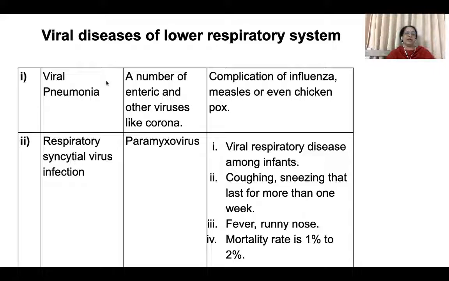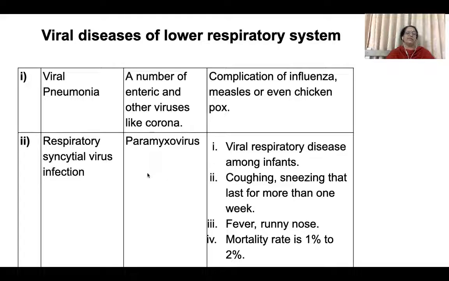Viral pneumonia is a broad category because a number of enteric viruses as well as some other viruses, you can take the example of corona, cause this type of pneumonia in the patient. Measles virus, influenza virus as well as chickenpox virus are also involved in this type of pneumonic condition.